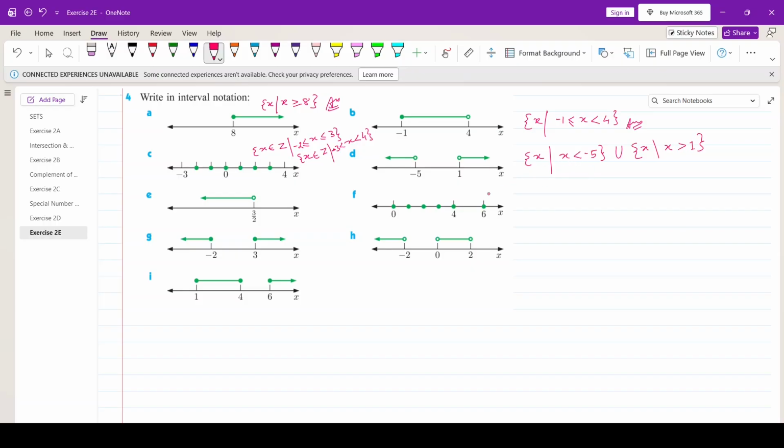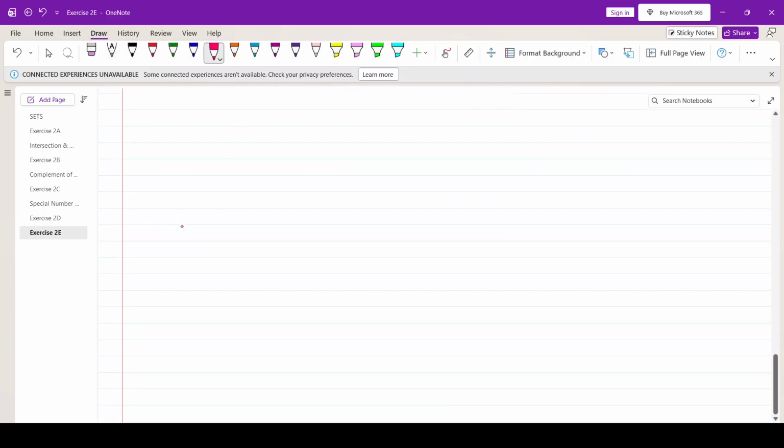Now this is the answer. Similarly, all these you can do on your own and it is your homework. Let's move on to the next question.